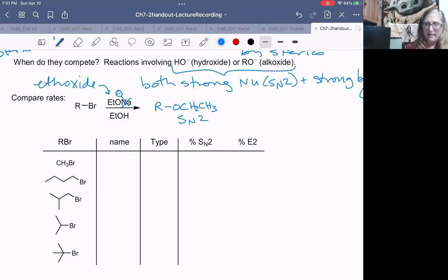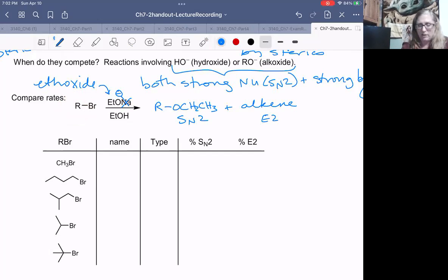So I can get an Sn2 product here, or I can get some kind of alkene, depending on what my carbon group looks like, and that would be the E2. So we can actually run the reaction, isolate the products, measure how much of each product we have, and draw some conclusions from that.